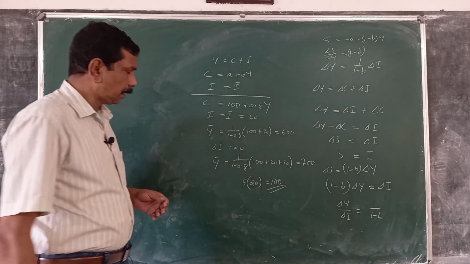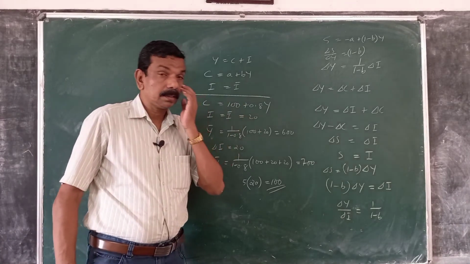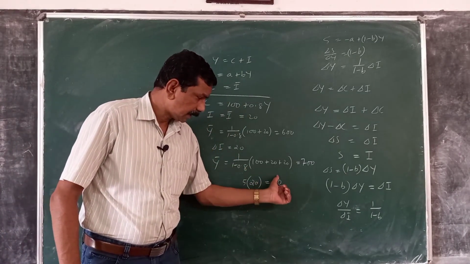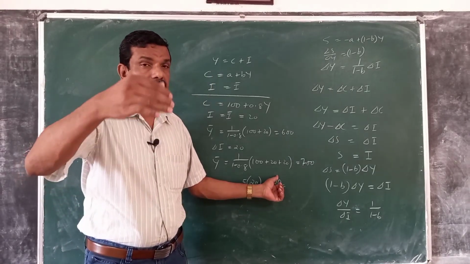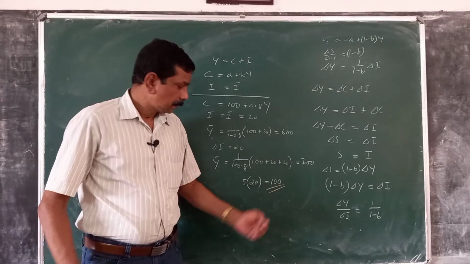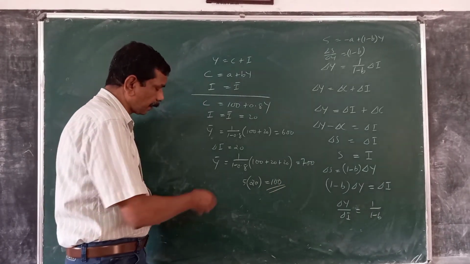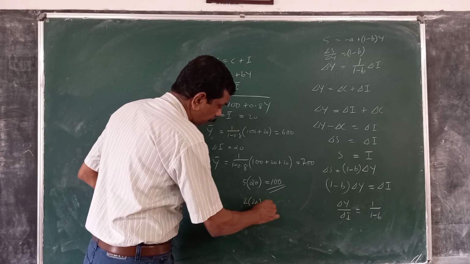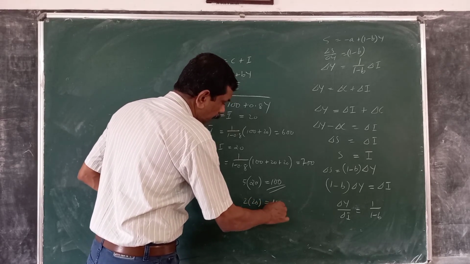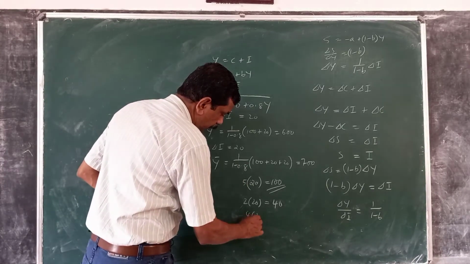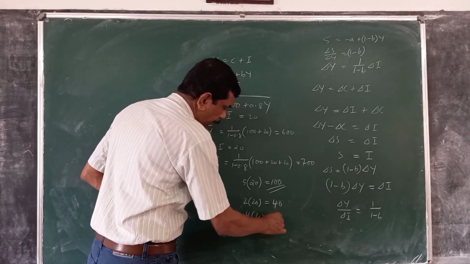That is, an initial increase in investment of 20 generates an ultimate increase in income equal to 100. If the value of MPC is say 0.5, it will become 2 into 20, that is 40 only. If it is 0.75, 4 into 20 equal to 80 only.